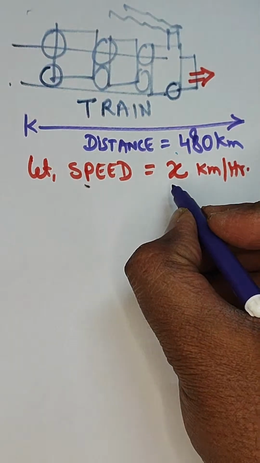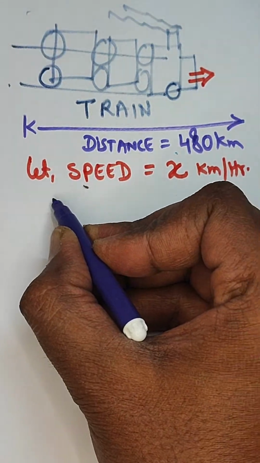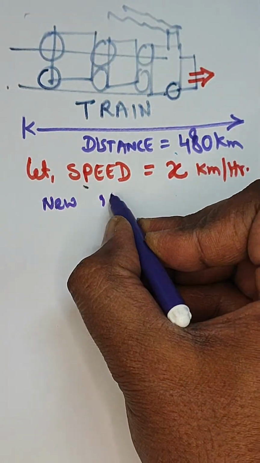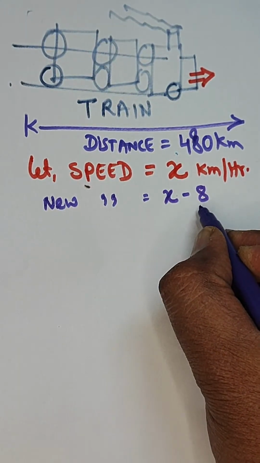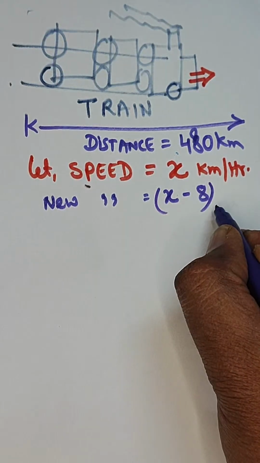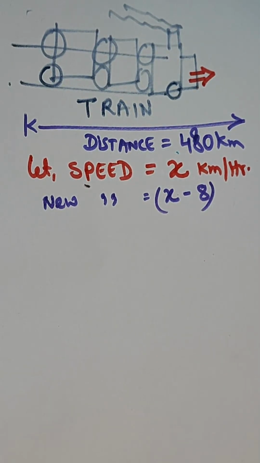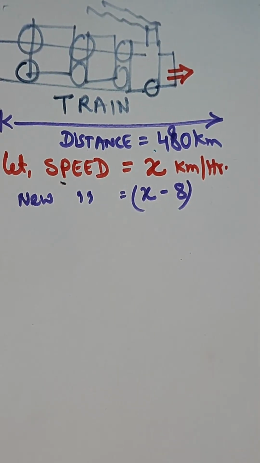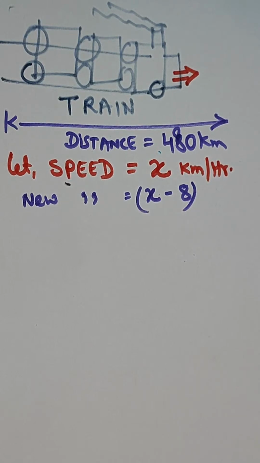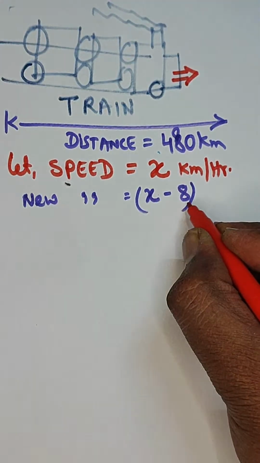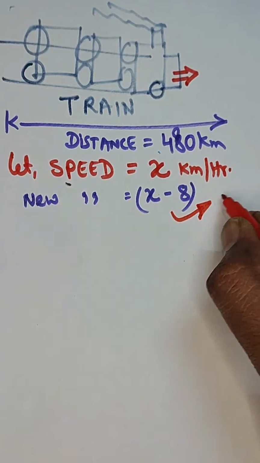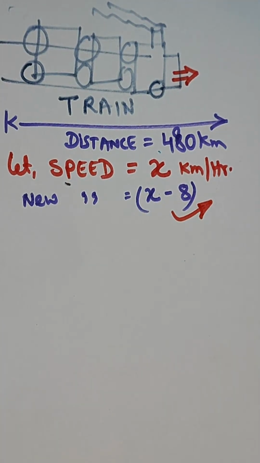So the condition is that if the new speed is x minus 8 kilometers per hour, that means deducted, then it would have taken 3 hours more to cover the same distance. So let us do one thing.